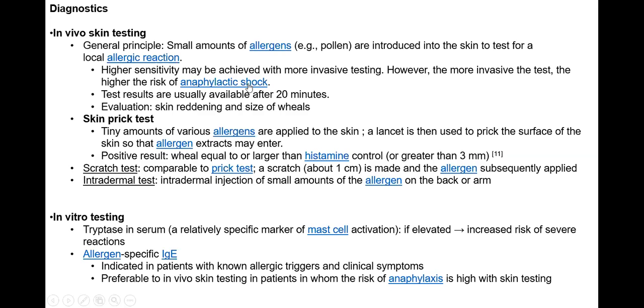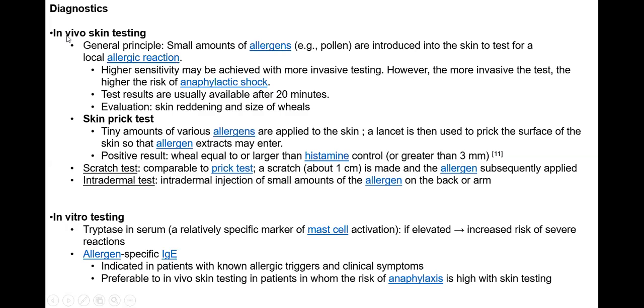Whatever I discussed in the previous slide is the mechanism explained here. The general principle is that allergen is given and you watch for a reaction, which takes 20 minutes, and measure the size of the wheals. Other terms are skin prick test, scratch test, and intradermal test, based on which phenomena of the skin are involved.